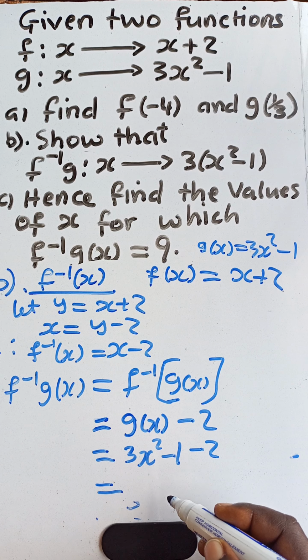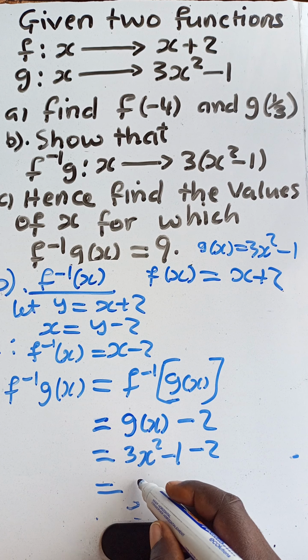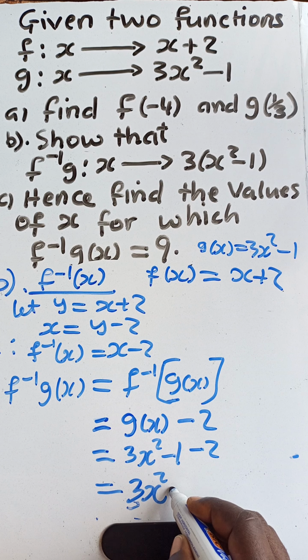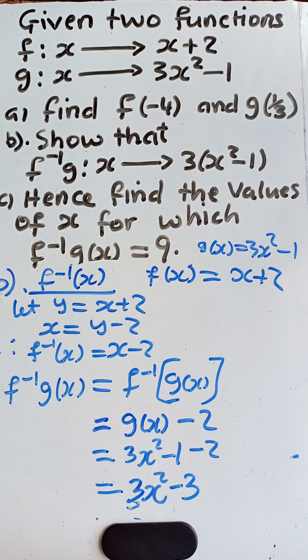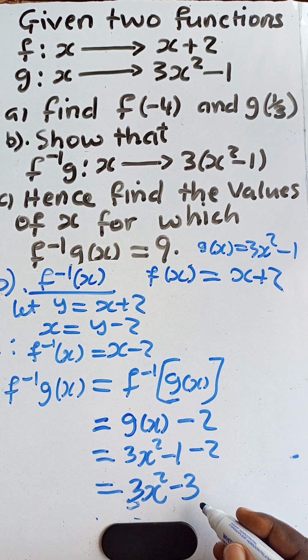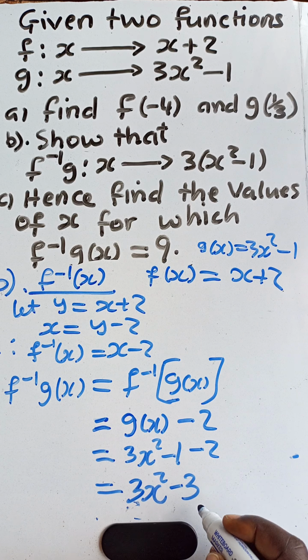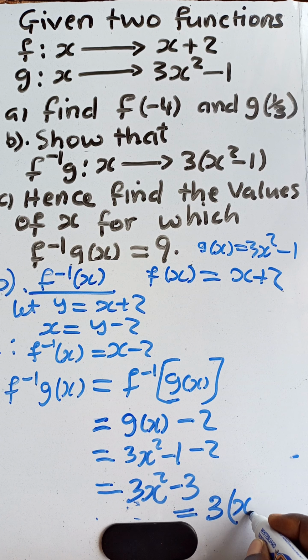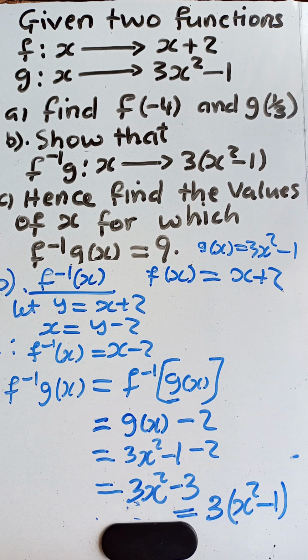So that composite function is 3x squared minus 1 minus 2 is minus 3. Now, if we look at this carefully, 3 is common, so it can be factorized out. So we can write this as, we factorize out 3, 3 into x squared minus 1.